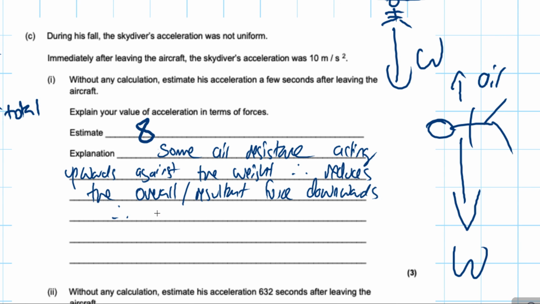Therefore, as F reduces, a will reduce, as mass is the same. That's a bit overkill really. The key things here are that you mention something that's acting against it, so air resistance or drag or an upward force, and then you say it reduces the resultant force. That will be enough to give you all 3 marks. And make sure you also put units here.